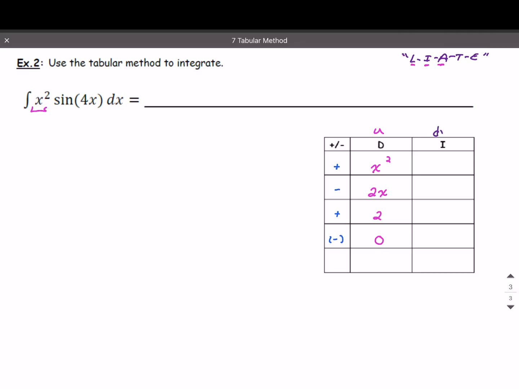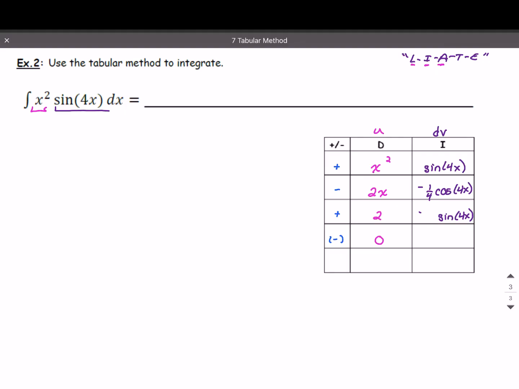Next, we're going to find our dv, which is the piece that's left. So we have the sine of 4x. Now, the antiderivative of sine is a negative cosine of the same angle, but we have to divide by the derivative of 4x, which is 1/4. Okay? Now, the antiderivative of the cosine is sine of the same angle, but we have to divide by that same derivative 1/4.